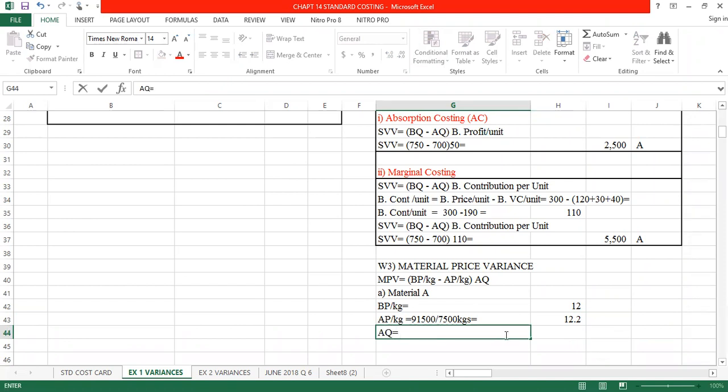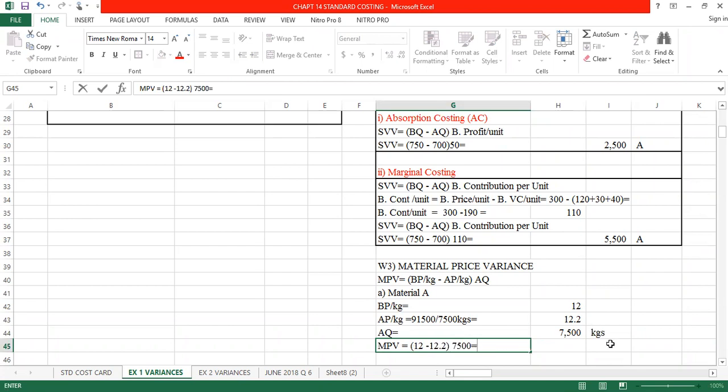So we already have, next, the actual quantity. The actual quantity is 7,500 kgs. Now we can get the answer. Material price variance is therefore equals to budgeted price is 12 minus actual price is 12.2 times actual quantity is 7,500.